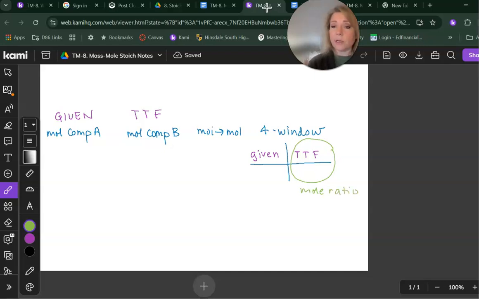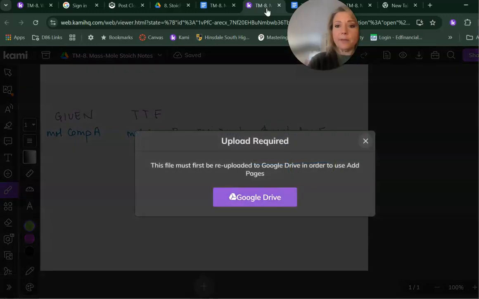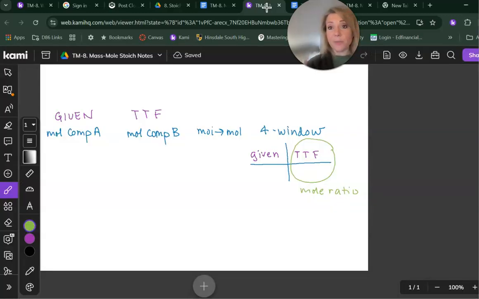And the numbers come from the coefficients in the balanced chemical equation. Now, that is a little bit different from the other 2 stoichiometry problems that we just learned how to do.